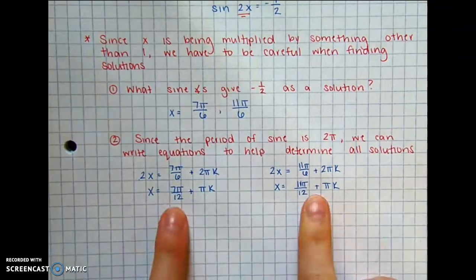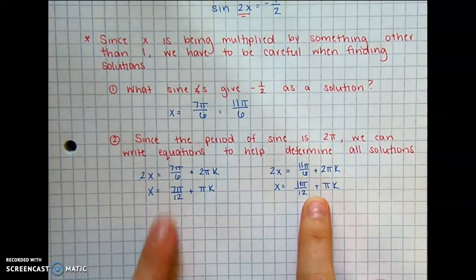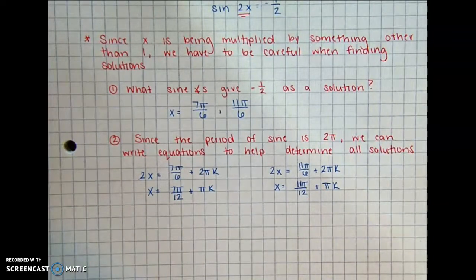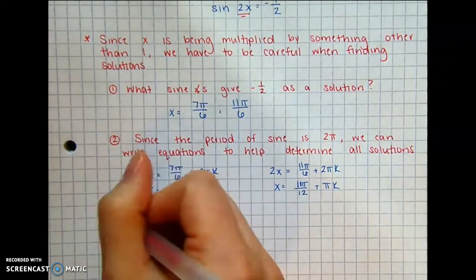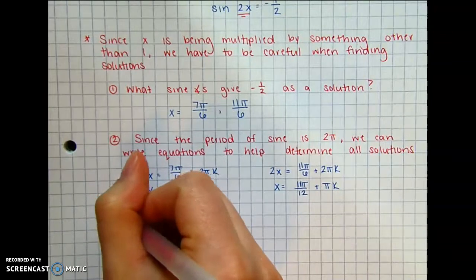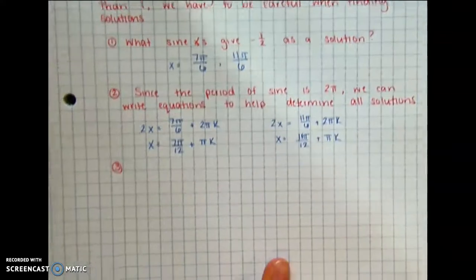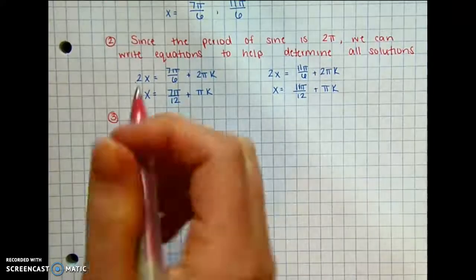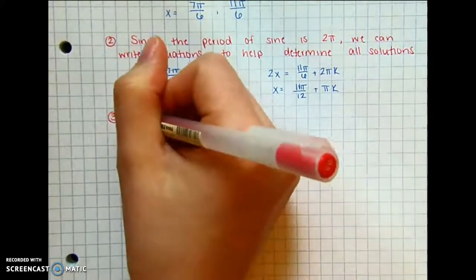Now we can use these equations to help us figure out which angles on the unit circle will exist for this interval.